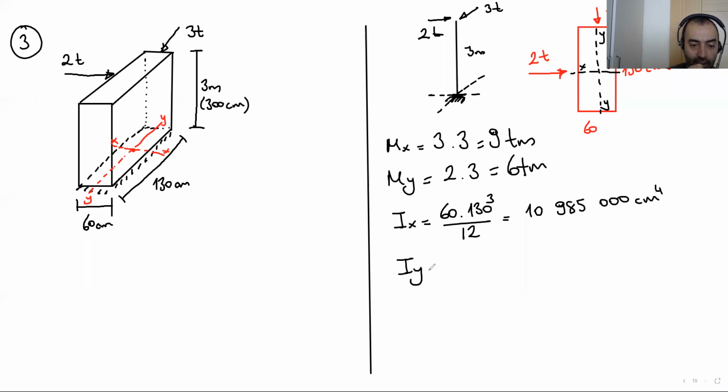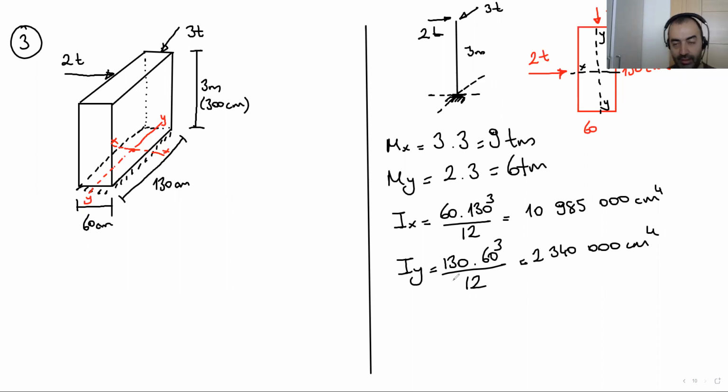Iy equals, yes, this one times 3 cubed over 12 equals, it's again 2,340,000 centimeter 4. Okay.